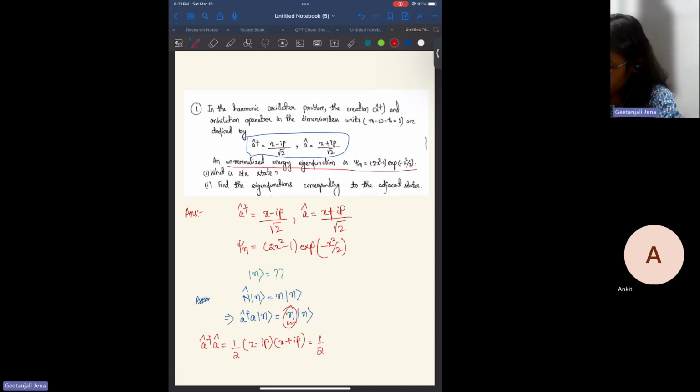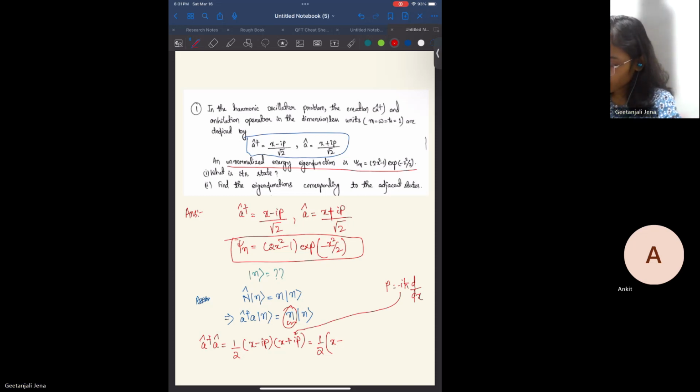Then you need to put the position representation of this momentum operator, because the wave function is given in terms of position representation. So p is minus i h bar d by dx. You need to put this expression here and here.